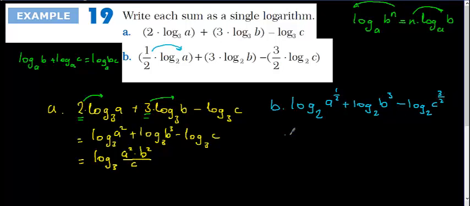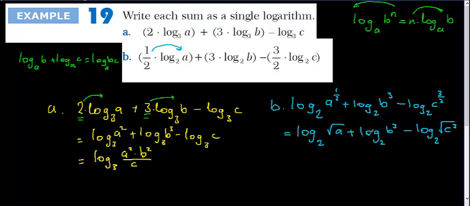And if we write the 1 over 2 as a radical expression, that is also possible. Logarithm base 2 of square root of a, plus logarithm base 2 of b cubed, minus logarithm base 2 of c, where the 2 is the square root and the 3 is the power of c.